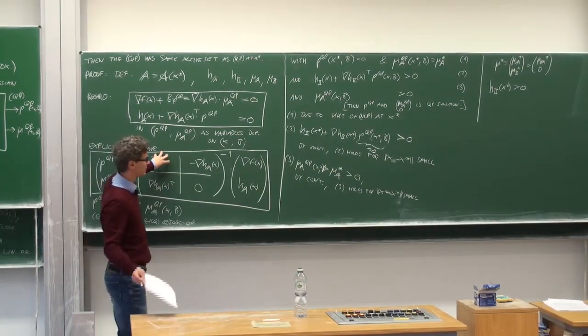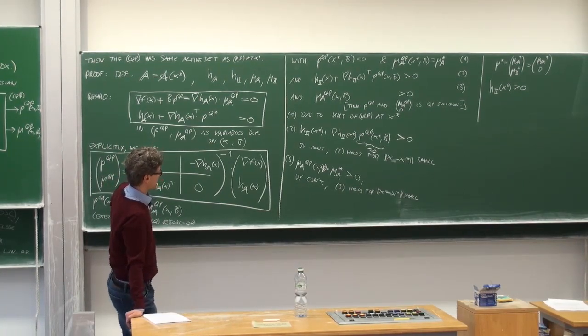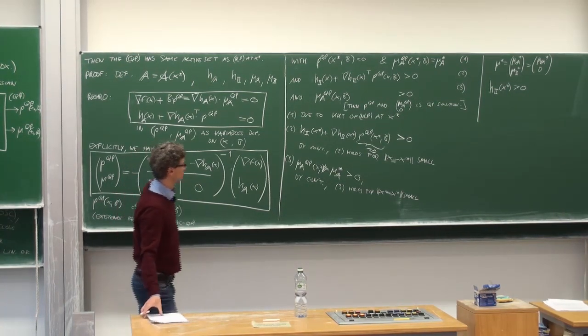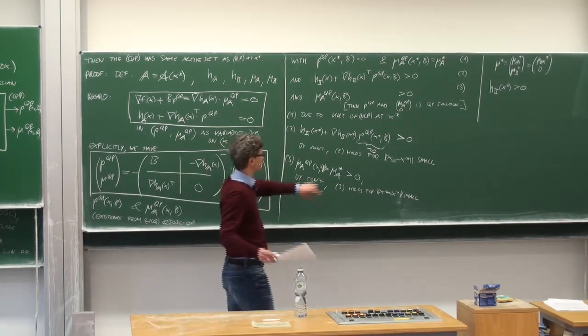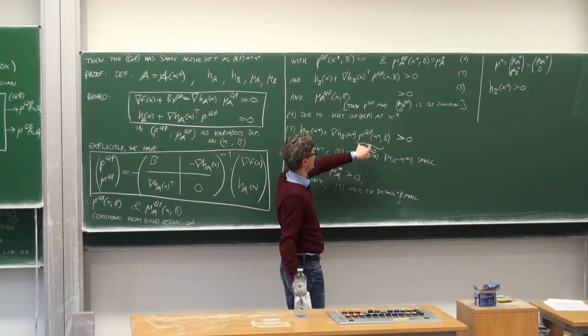I didn't really mention the dependence on B here. But here we see that if anything depends on B, then it's via this term, and this is 0 at the beginning.